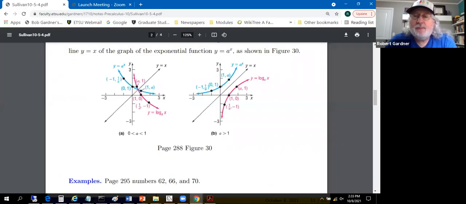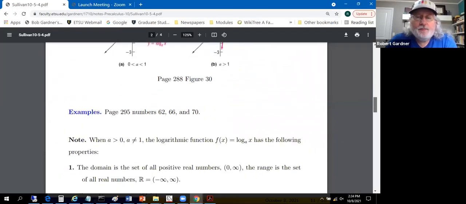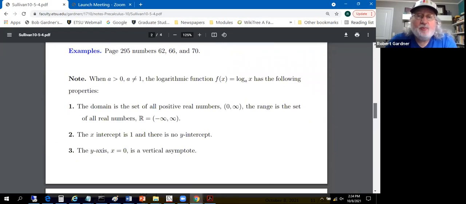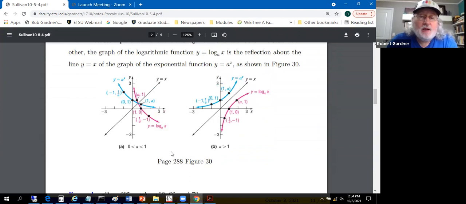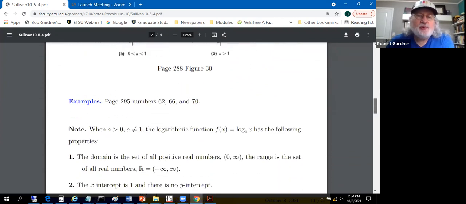Returning to the notes and stating some properties of logarithms. Here we're combining both a between 0 and 1 and a greater than 1, those two categories of log functions.